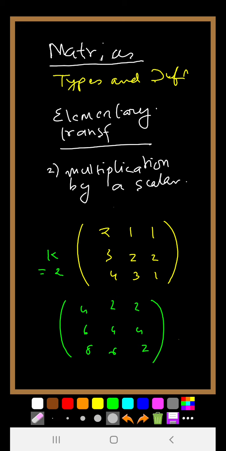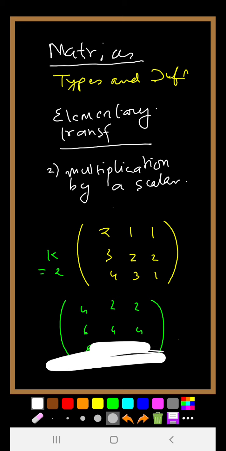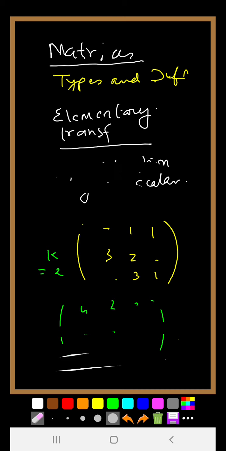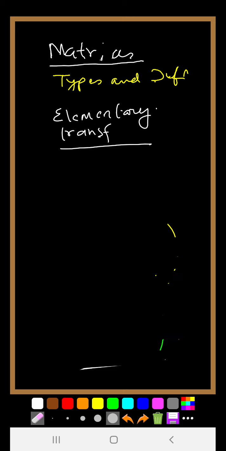And the last type of matrix or elementary transformation is the third type of transformation, when the ith row element is added with the scalar multiplication into the jth row.